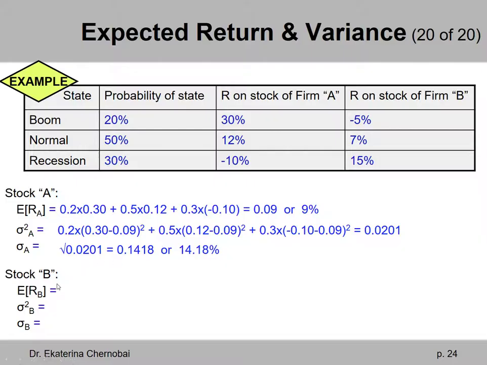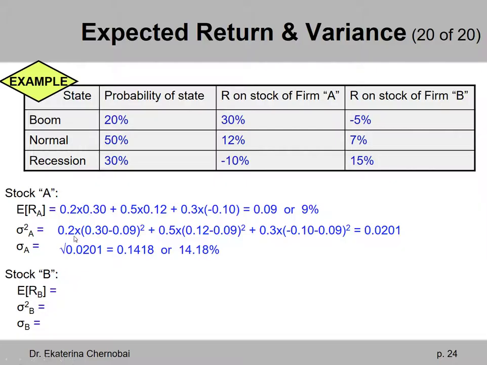Then I need to do the same math but for stock of company B. So what information will I need to use? The first column, the probabilities of boom, normal, and recession, 20%, 50%, and 30% respectively, and the information on stock B. I don't need the information on stock A. For stock B, minus 5% in boom, 7% return in normal, 15% return in recession.